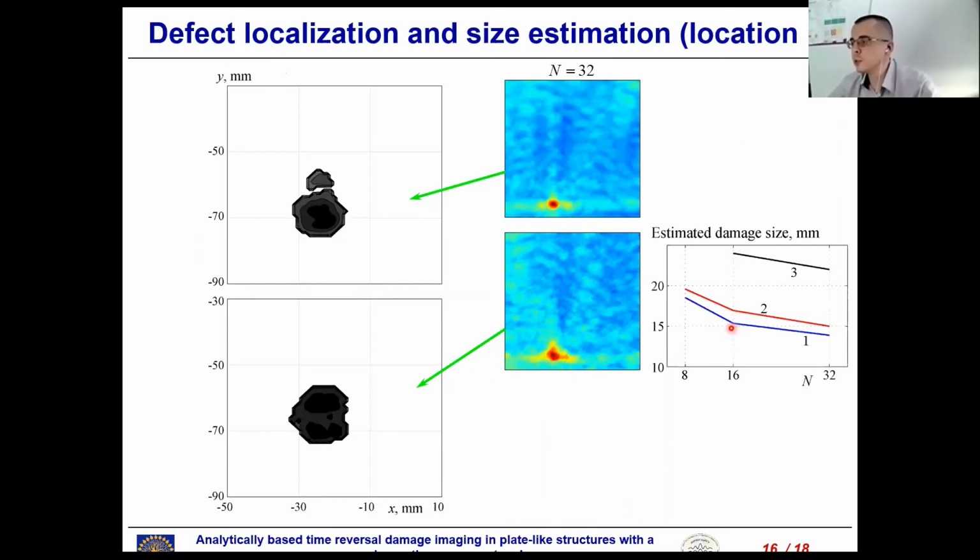But that's mainly due to the fact that for carbon fiber reinforced plastics, high frequency components of Lamb waves are strongly damped out due to the viscosity, and therefore it would be quite an issue to resolve small scale damage, at least with the A0 mode.